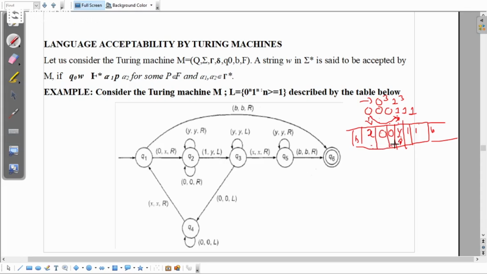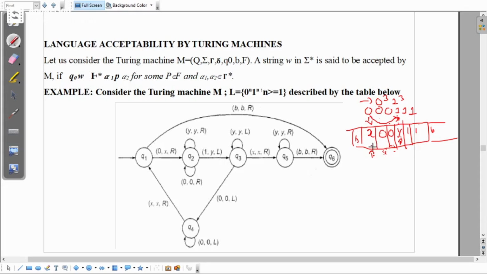When I get this 0 also I'll move left, and when I get this 0 also I'll move left, because I have no idea whether this itself is the leftmost 0. So after moving left over the zeros, I will reach the position of the last x.